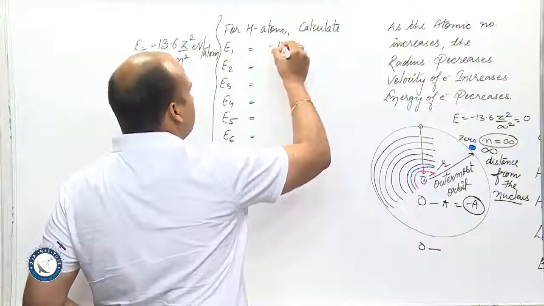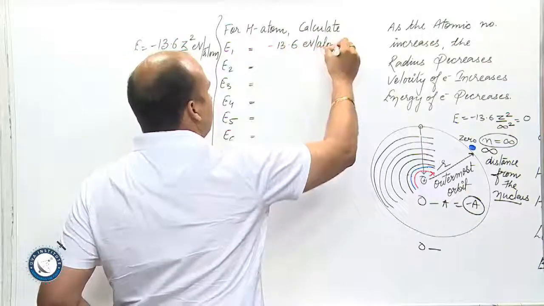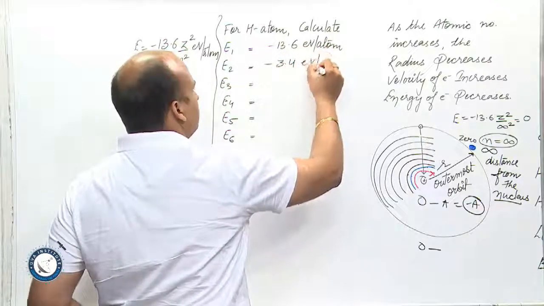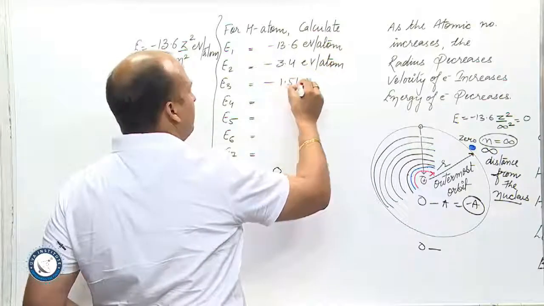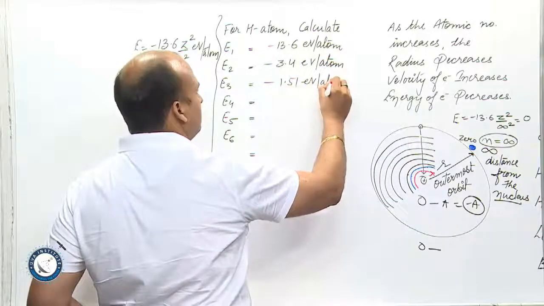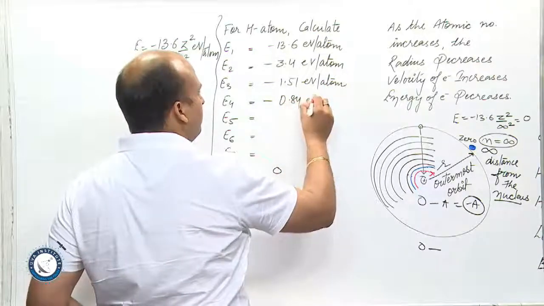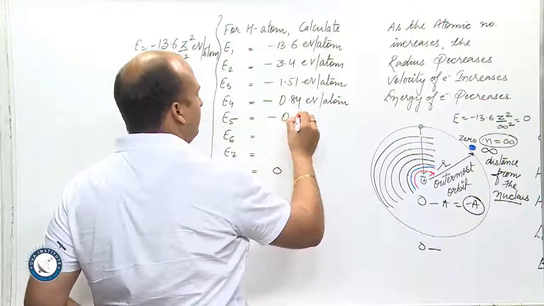This will be minus 13.6 electron volt per atom. This will be minus 3.4 electron volt per atom. This will be minus 1.51 electron volt per atom. This will be minus 0.84 electron volt per atom. Minus 0.54.